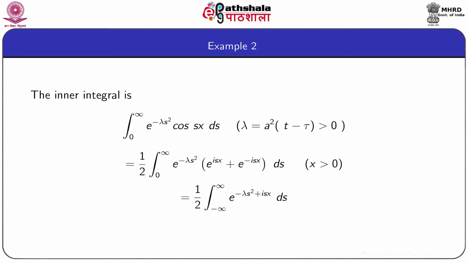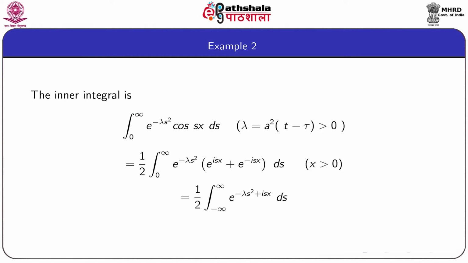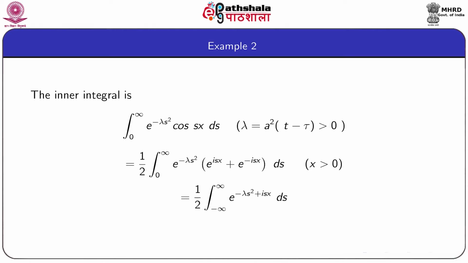Now, we consider the inner integral. This inner integral, that is the s integral, we can write as the integral from 0 to infinity of e^(−λs²) cos(sx) ds, where λ is taken as a²(t−τ), which is positive. This is equal to half of the integral from 0 to infinity e^(−λs²) [e^(isx) + e^(−isx)] ds, x positive.